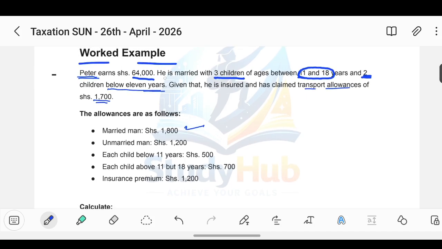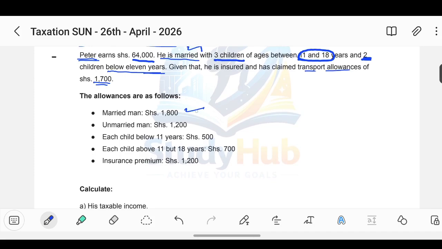So he is married there. So he's going to be earning this 1,800 as an allowance.